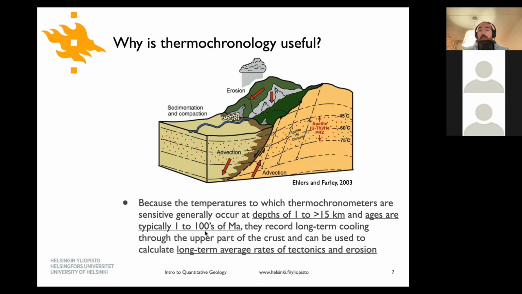So compared to a lot of other methods we could use to study how things like mountainous landscapes evolve, low temperature thermochronology is one of the ways that we can directly look at things like rates of erosion over long time scales.